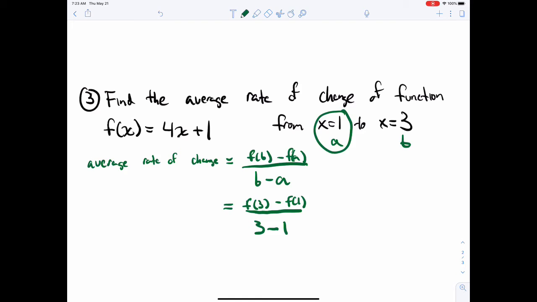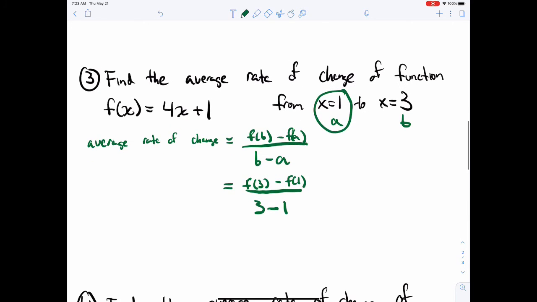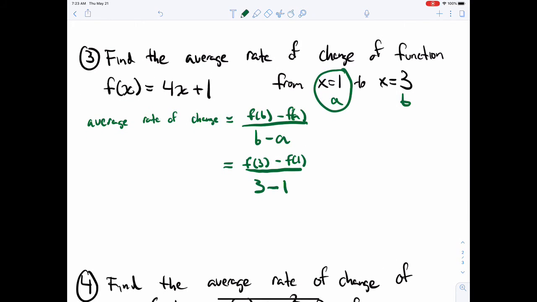All right. So we still have letters in there, so we're not quite done. So let's go off to the side here and actually find what f of 3 is. F of 3 is going to equal, remember, that's our x, and here's our function. So if we just plug in 4 times 3 plus 1, we'll see that f of 3 equals 13.